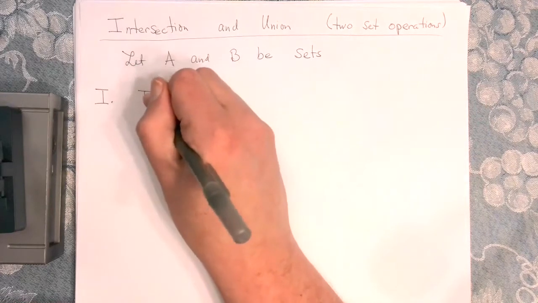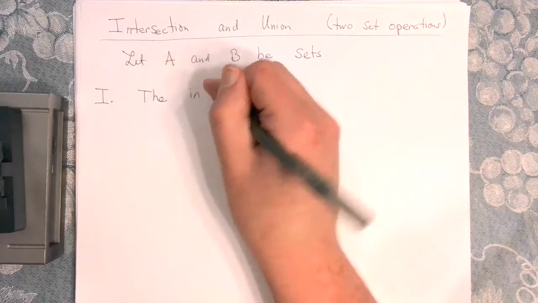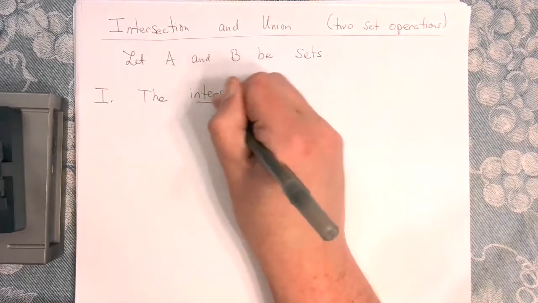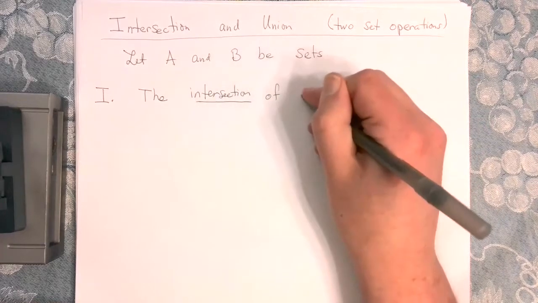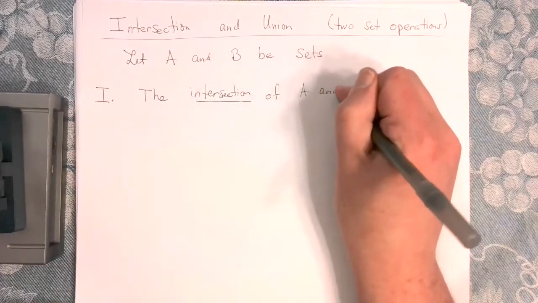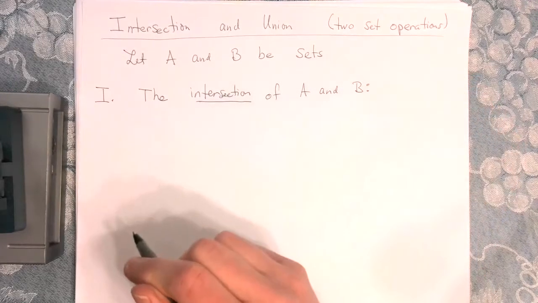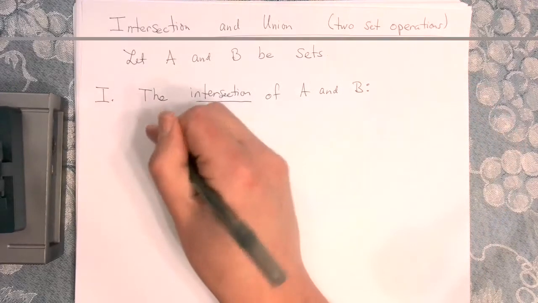So the intersection of A and B is defined as follows.